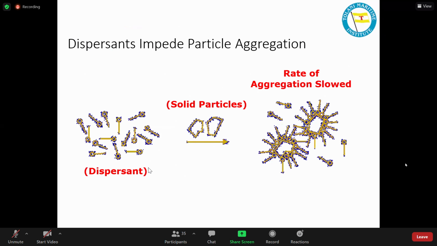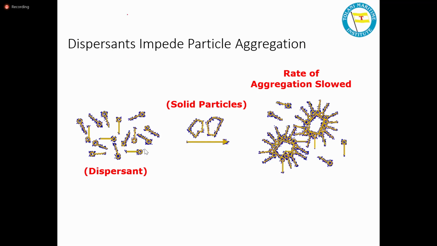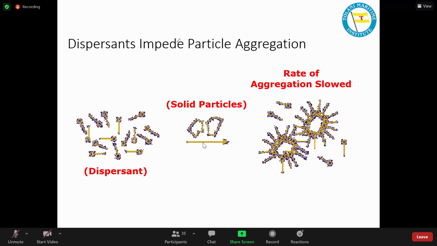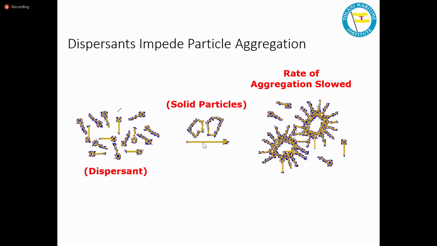This is just to depict how these dispersants work. It's just a picturization or visualization of the same. Here you have the dispersant molecules with a long or heavy tail. This is the sticky part which is going to stick. These are some solid particles, which can be sludge particles, soot particles or whatever. And here you can see the action of the dispersant.